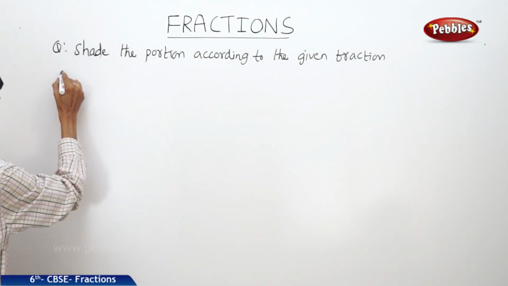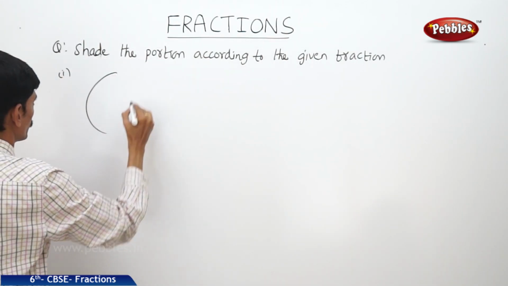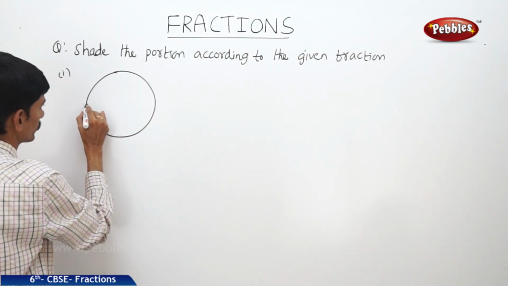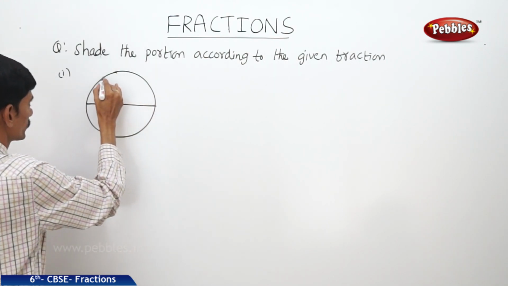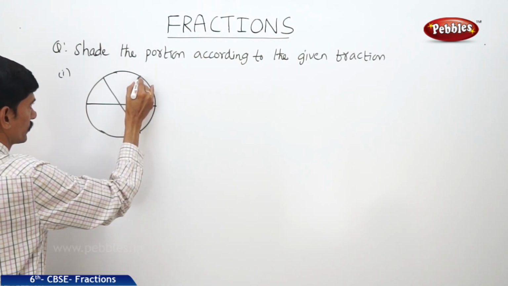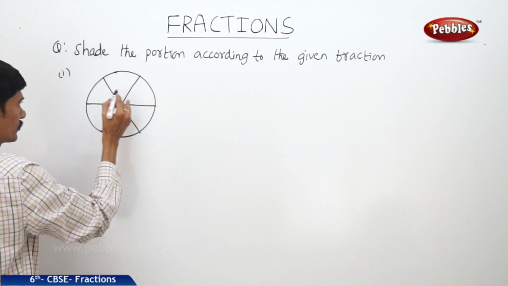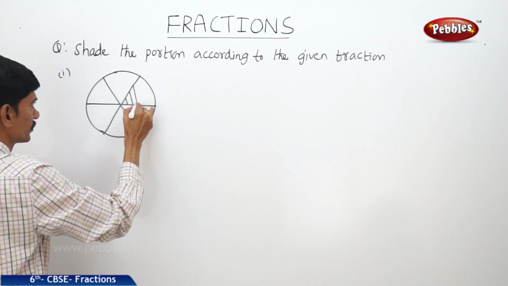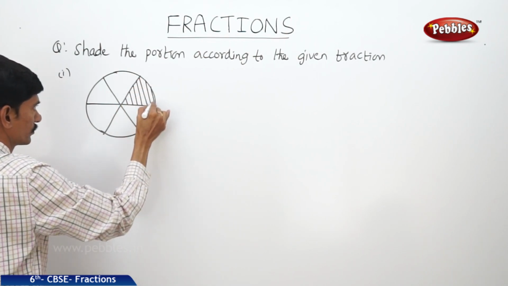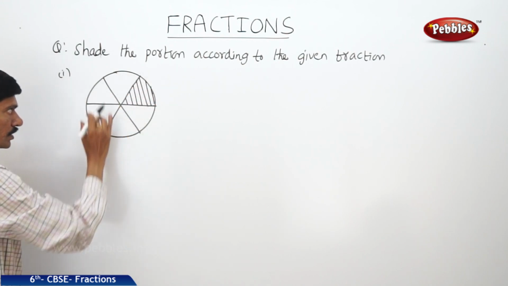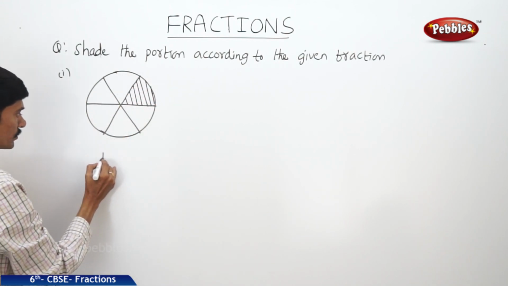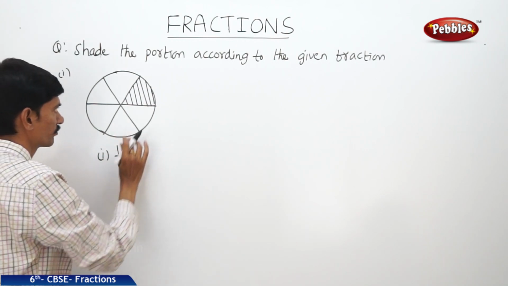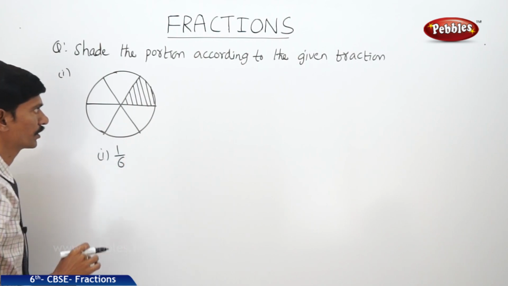Now there is a circle which has been divided into 6 equal parts. So out of 6 equal parts, here one part is shaded, so we write this as 1 by 6. Now we should shade 1 by 6, which means one part out of 6 equal parts.